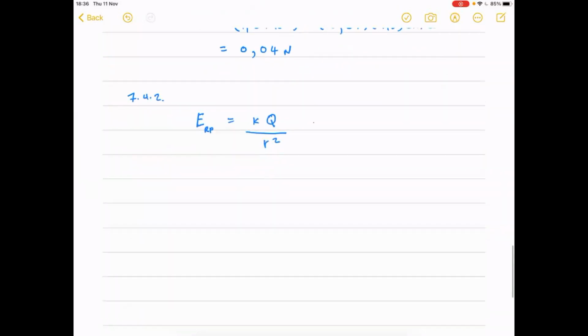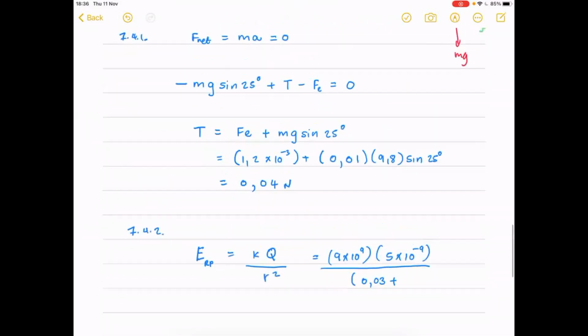That's 9 times 10 to the 9, and Q is 5 times 10 to the minus 9, divided by, and now this is the important part, 0.03 plus R, which we have calculated already.